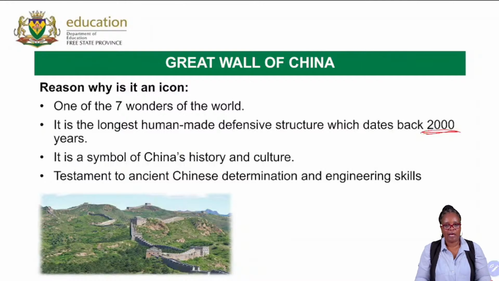So it shows here that during those years, we still have great engineering skills from the Chinese people. So it shows great engineering skills and determination of the Chinese people, the way they've done this wall.